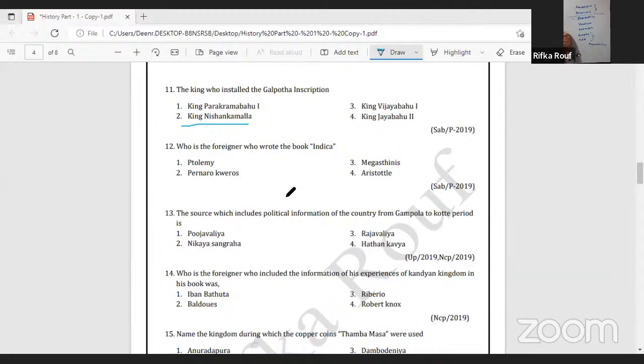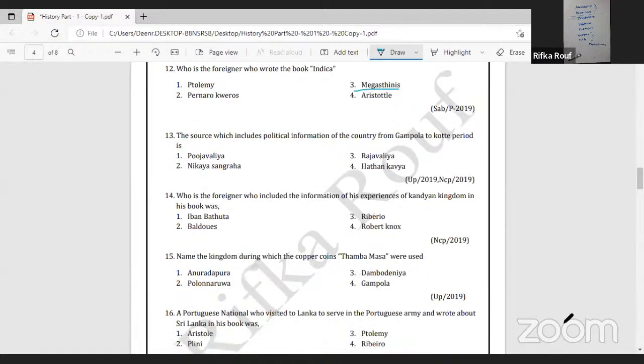So Indica is by whom? Yes, you are correct, Megasthenes. Indica is by Megasthenes.